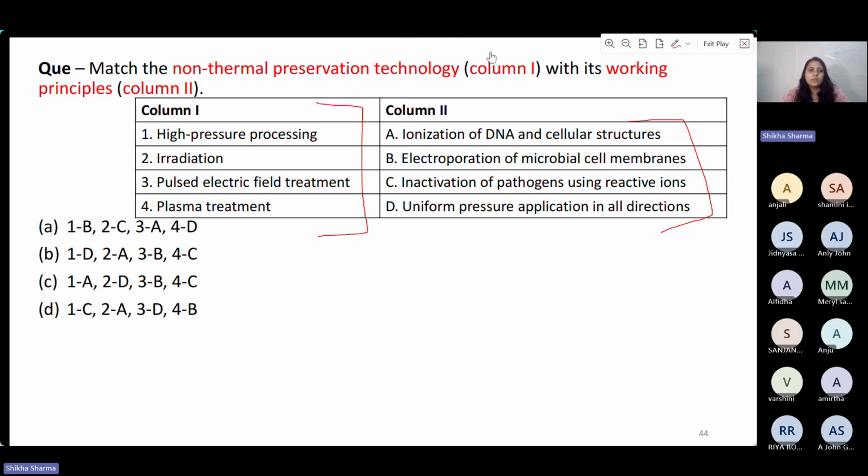We already discussed pulsed electric field and plasma treatment in detail, so I think this question is easy to answer now. Anyone who would like to answer this question?